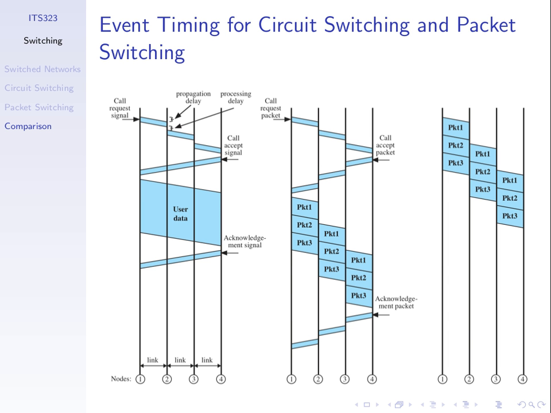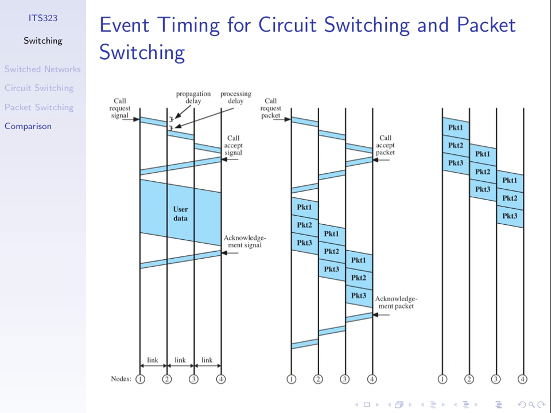Comparing datagram to virtual circuit packet switching, under the same conditions, datagram packet switching will always be shorter than virtual circuit packet switching because this is the time to transmit the packets, which is the same as this time. Virtual circuit packet switching also has the call setup delay.